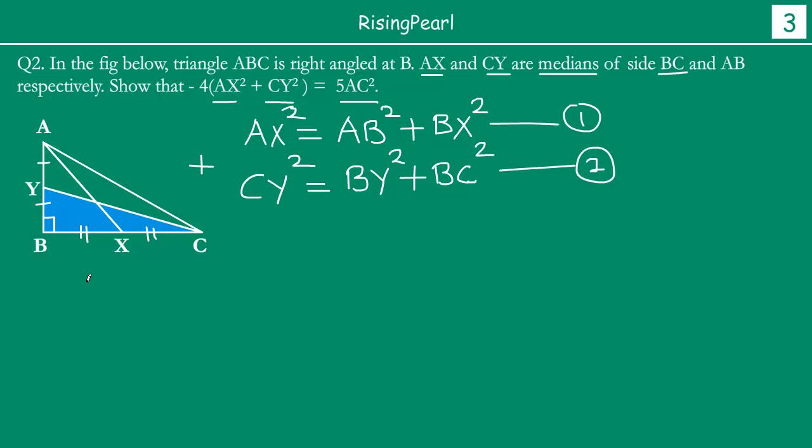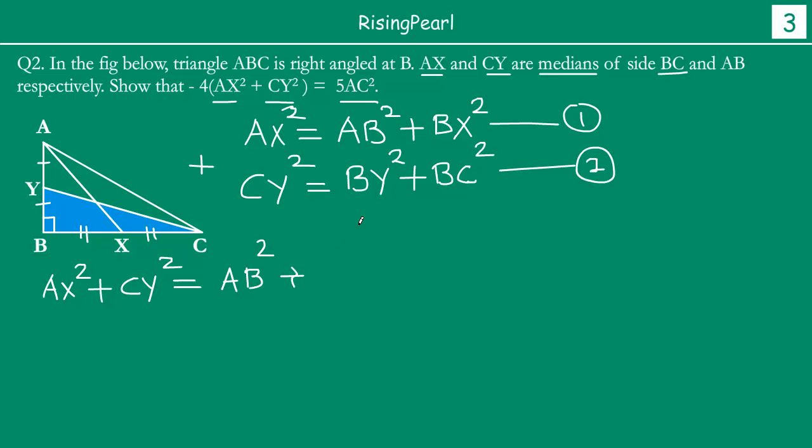On the left hand side you will have AX square plus CY square, equal to, on the right hand side you will have these four terms, AB square plus BX square plus BY square plus BC square.